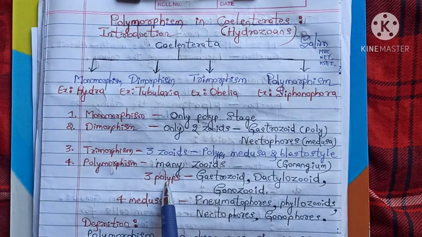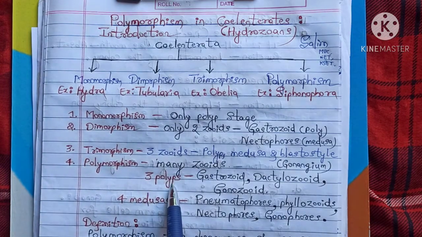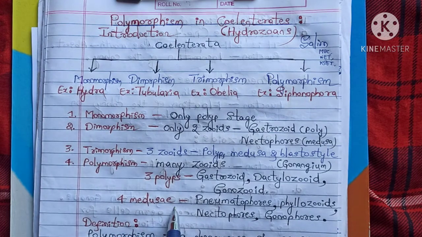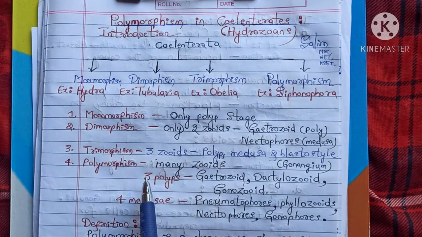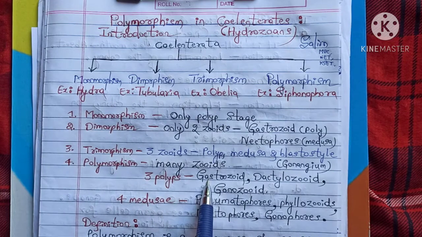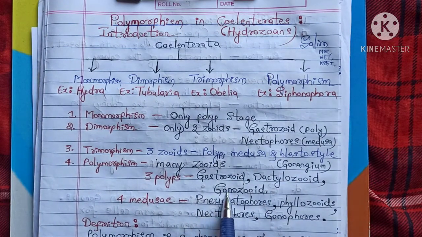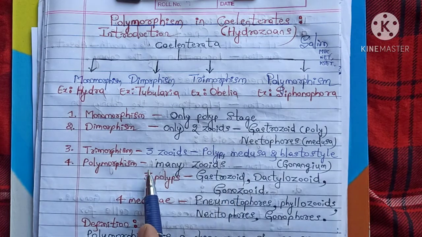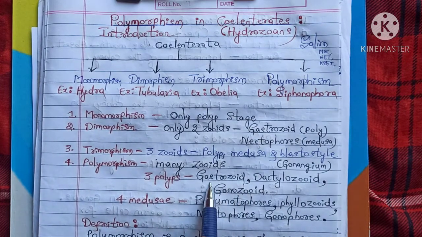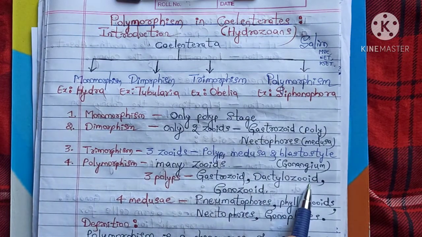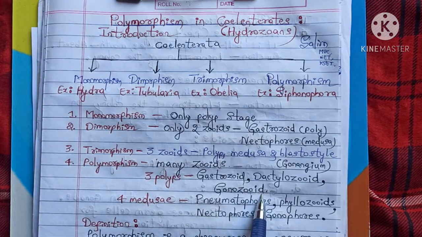You can see that there are three polyps and four medusae forms. The three polyps are gastrozoid, dactylozoid and gonozoid. I repeat, these are the three polyps: gastrozoid, dactylozoid and gonozoid.